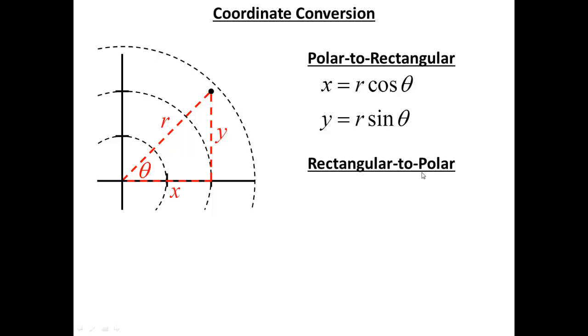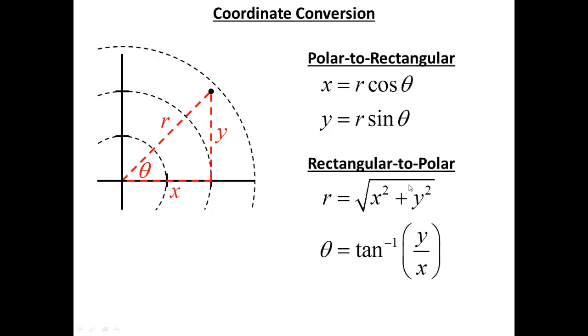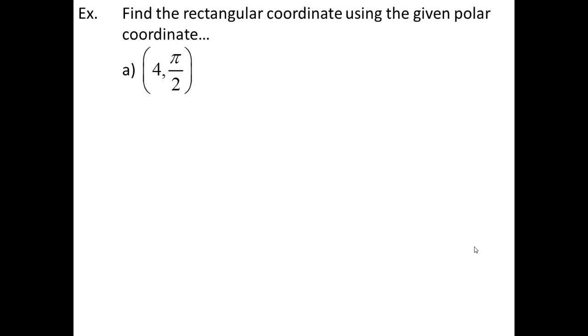So remember, x equals r cosine theta, y equals r sine theta, just like in vectors, component form was x equals the magnitude times the cosine of the angle, y equals the magnitude times the sine of the angle. R just represents the magnitude if this were a vector. And then rectangular to polar, Pythagorean theorem for the r value and inverse tangent for the theta with adjustments depending on the quadrant.